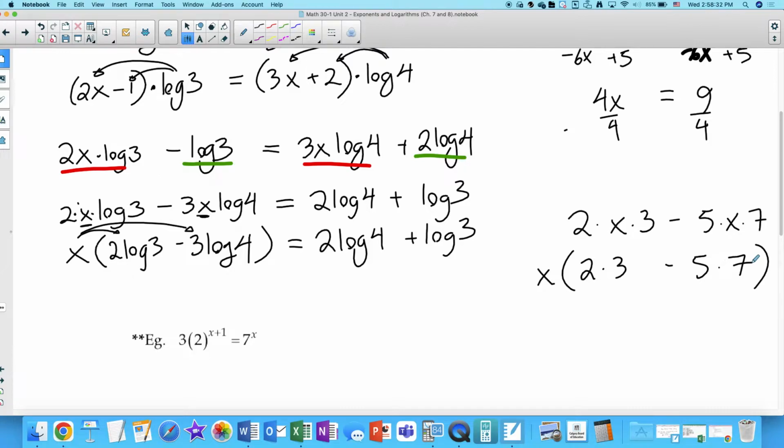Okay. If I were to expand this back in, would it be more helpful if I reversed the order and wrote this as x times 2 log 3 minus x times 3 log 4? Okay, let's do that.